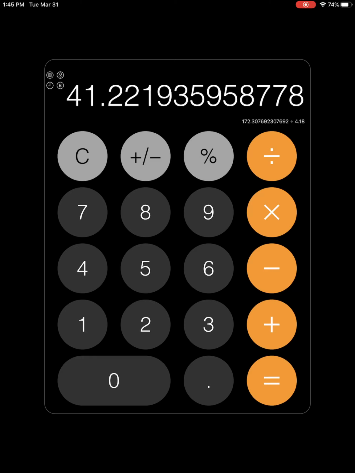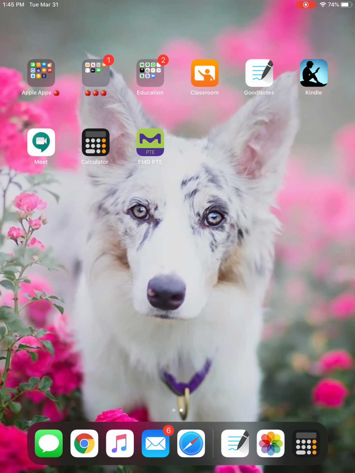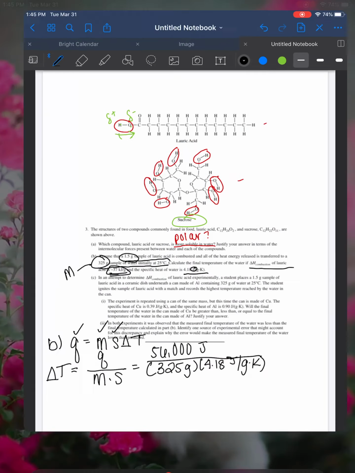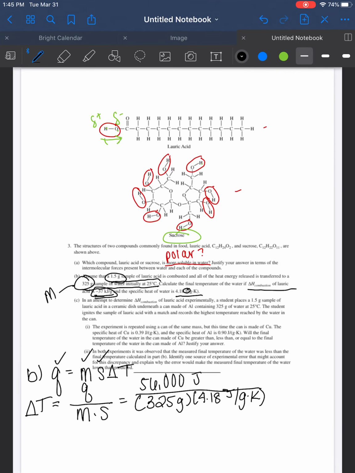Okay, so my change in temperature is 41 degrees. Let's make sure that. Okay, is equal to 41. Then we're going to add this 41 to the initial temperature of 25.